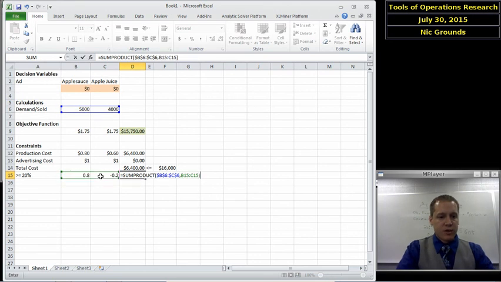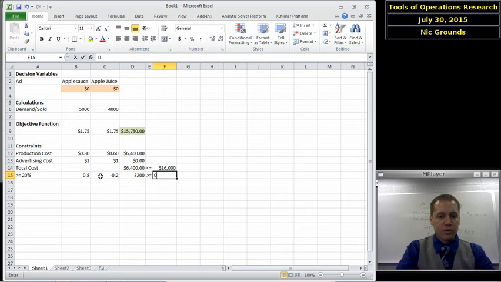Multiply those by these two coefficients, and in this case, this one has to be greater than or equal to 0. Okay, and to be less than 60% applesauce, right? We want 0.4 times applesauce and a negative 0.6 times apple juice, and we're going to constrain that to be less than or equal to 0. Okay.